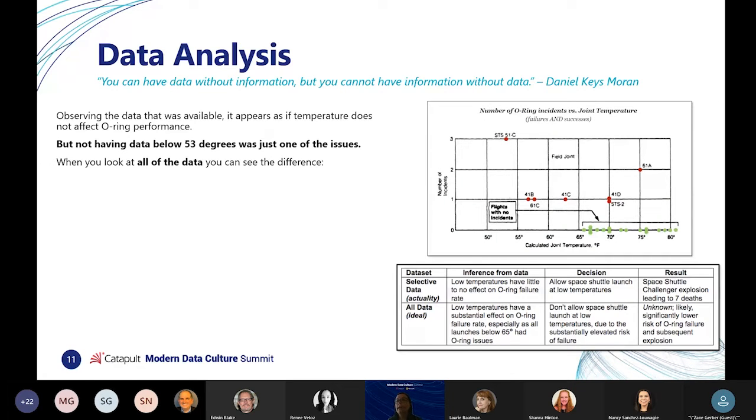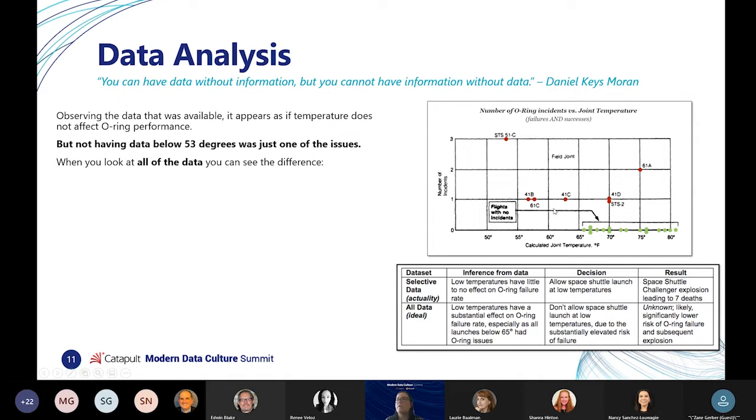Now when you look at all of the data that they had at the time, the 24 launches that occurred prior to the January 28th incident, you can see here the green dots are successful flights that did not have any issues.